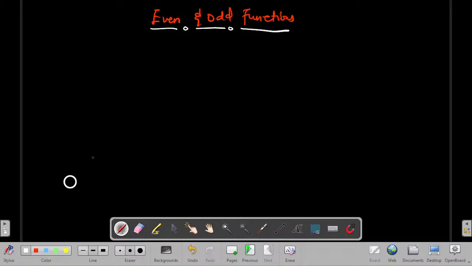We call them even and odd functions. When you talk about an even function and when you talk about an odd function, what do we mean? What are you talking about actually?